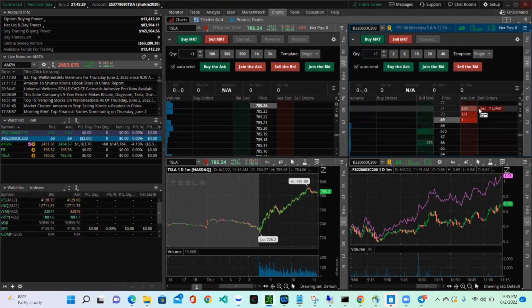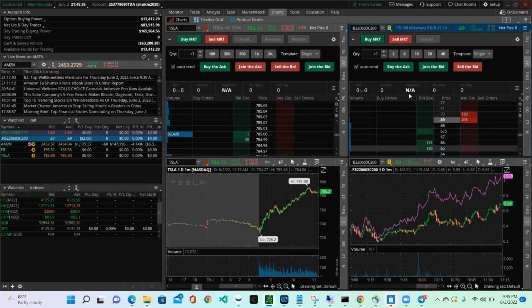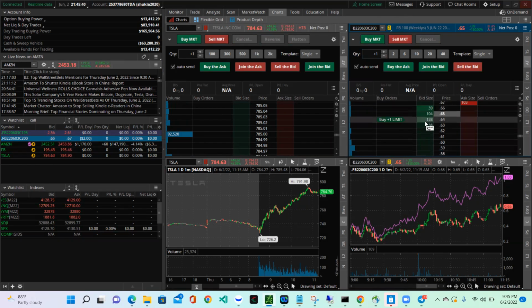You can also do something like this. Let's try something. Instead of doing the buy and sell, you could look at these numbers here, the bid size, and just set it to buy here. If I do this, what happens? It'll do an instant buy because it should fill if somebody is buying.